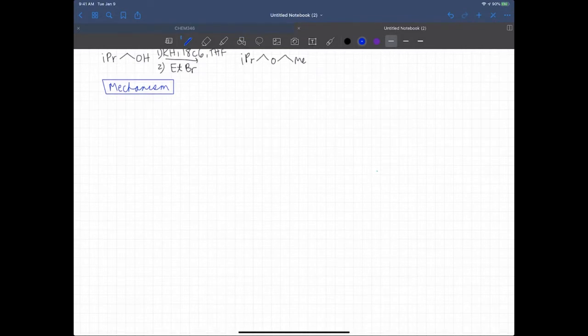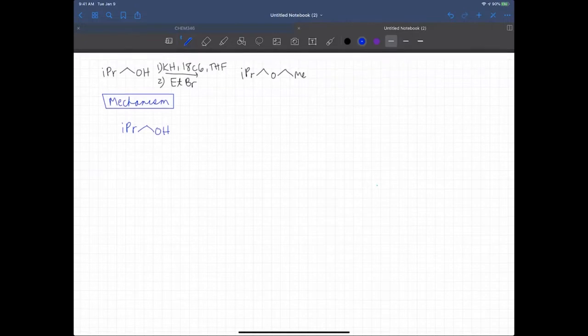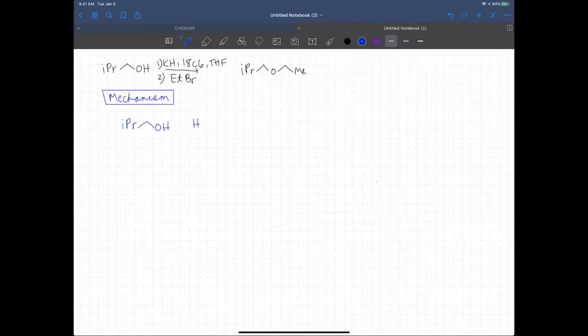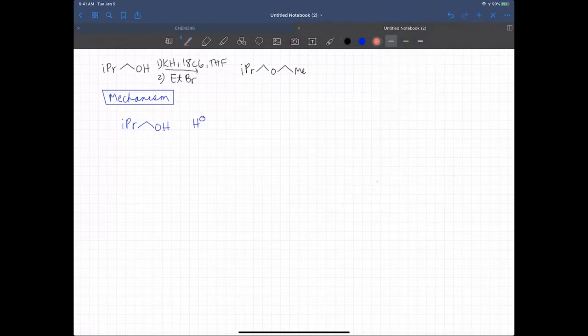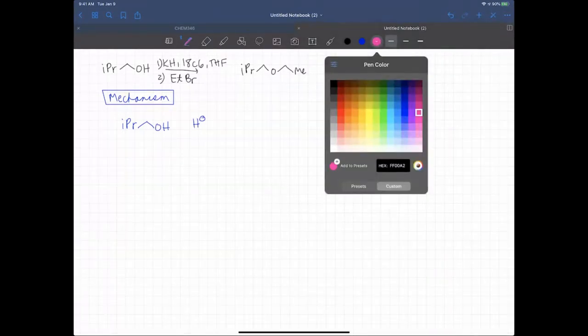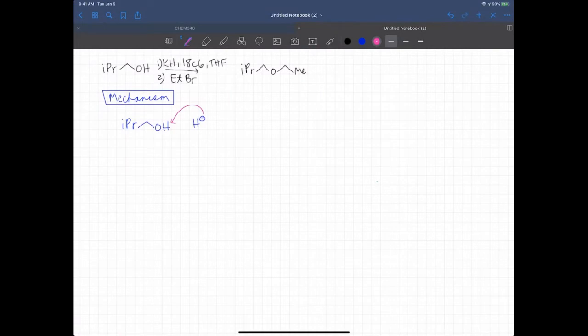Okay, I have my starting material, right, with a strong base. So remember, when you have hydrogen attached to a metal, hydrogen is negatively charged. So it's going to function as a base, okay? And what it's going to do is go and grab the most acidic proton here.